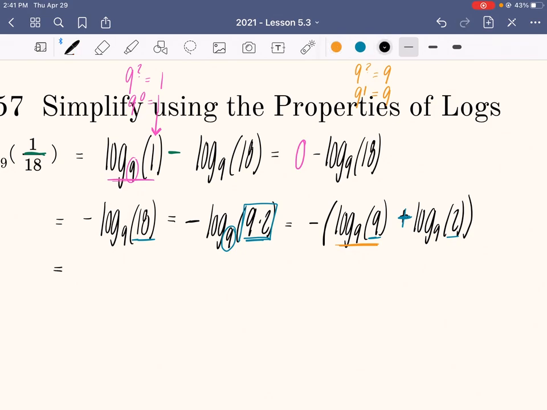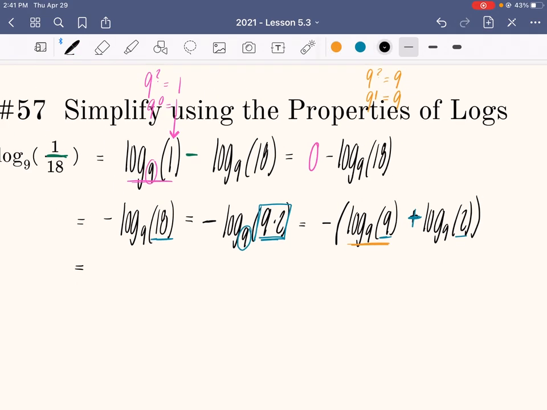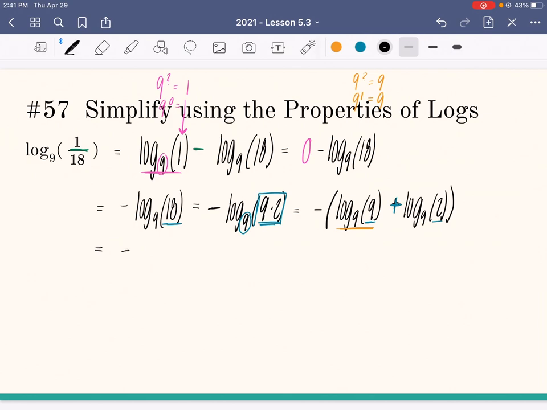So then we are left with negative, parentheses, just 1 plus log base 9 of 2. And then if I distribute this negative sign, I'm going to get negative 1 minus log base 9 of 2.